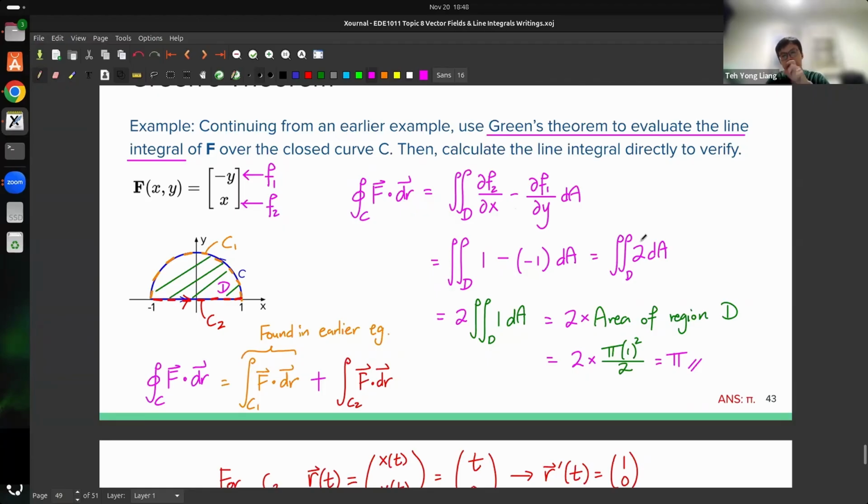And the other comparison is that if your closed loop is composed of many different functions, like for example, this one is only two functions. One is a semicircle, the other one is a straight line. If it's only two separate curves that link together to form the closed loop, then it's okay, maybe the line integral is reasonable to compute.